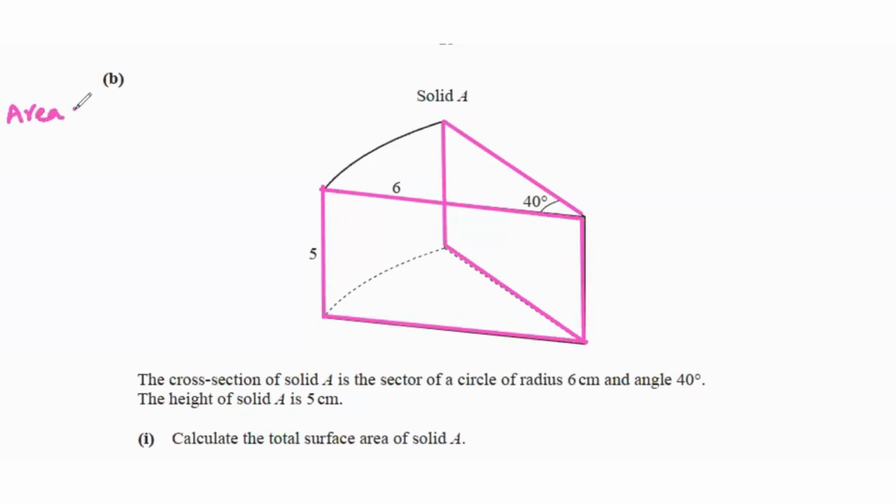Area of rectangle: 5 times 6 times 2 because there are 2 rectangles. So that's going to be 60 centimeters square. Now we talk about the top face, which is this sector.